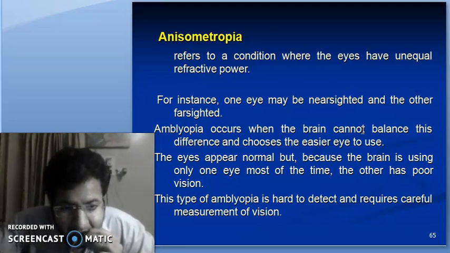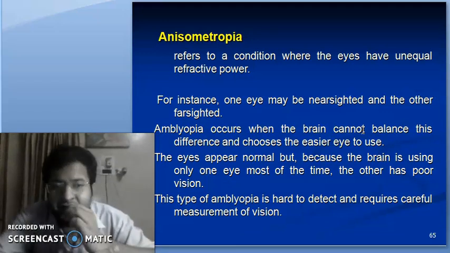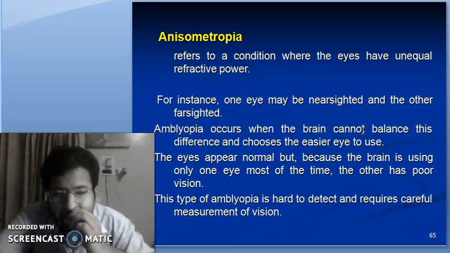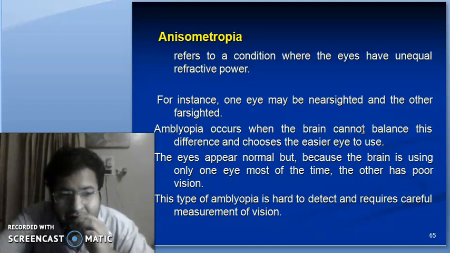When does amblyopia occur due to anisometropia? When the brain cannot balance this difference and chooses the easier eye to use, mostly after 3 years of age, and mostly if the difference between the two eyes is plus or minus 3 diopters, amblyopia may result.